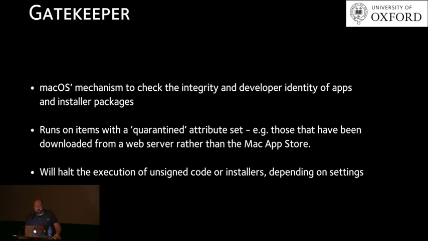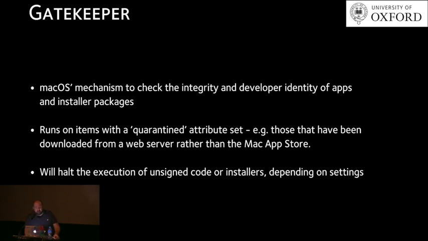Okay, so we're going to move on to Gatekeeper. So you're probably all familiar with Gatekeeper and its settings within system preferences. But in the background, it's actually using PKI identities to verify downloaded code and to protect your system against malicious attacks and modifications to code after it's been signed.